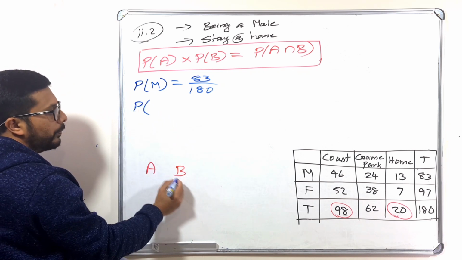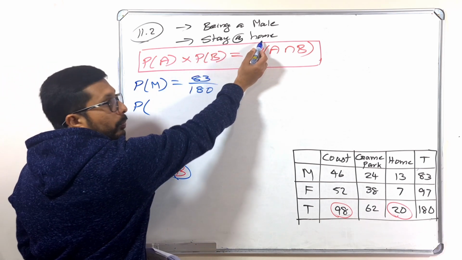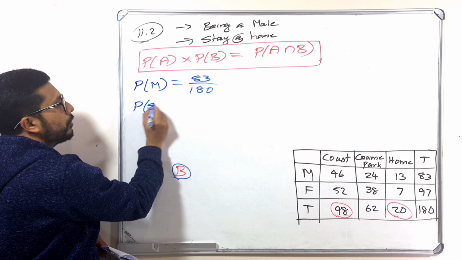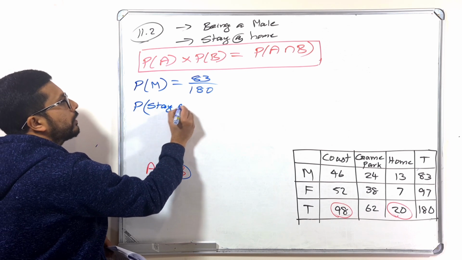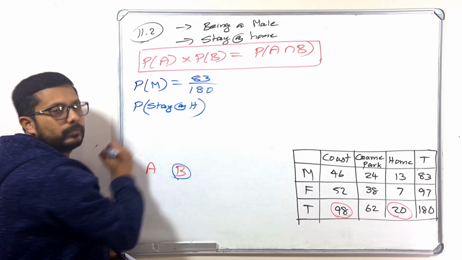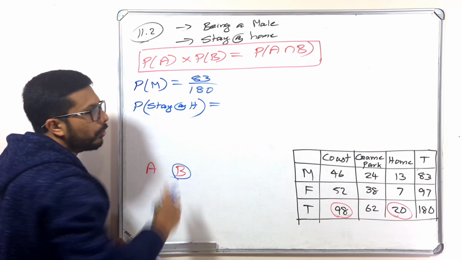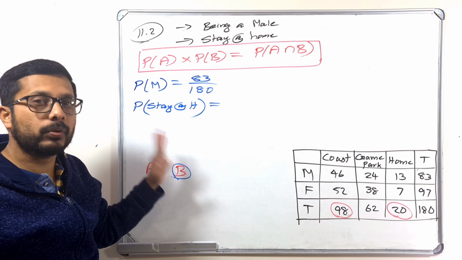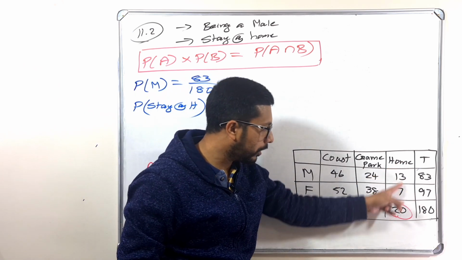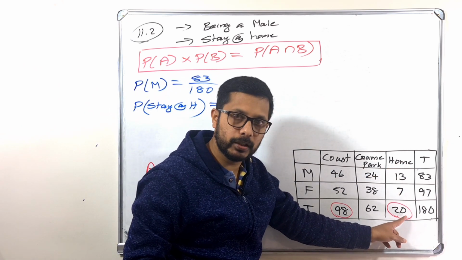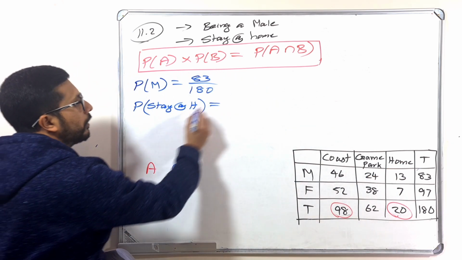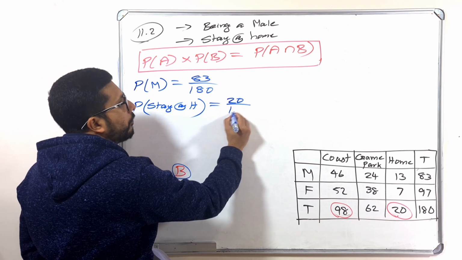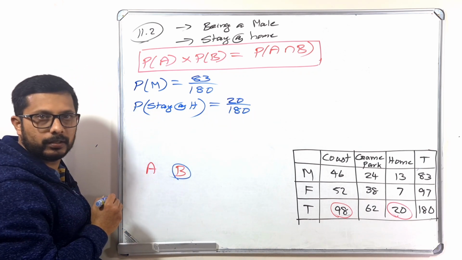What is the B here? Stay at home. So probability of stay at home. They are not talking about male or female. Stay at home, total how many? 20. So what is the probability? 20 divided by 180.